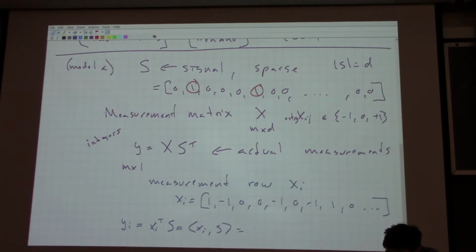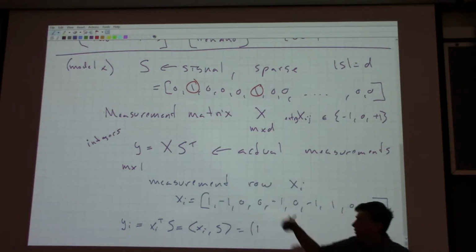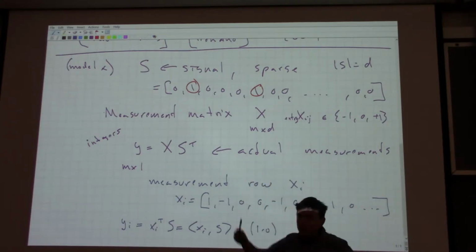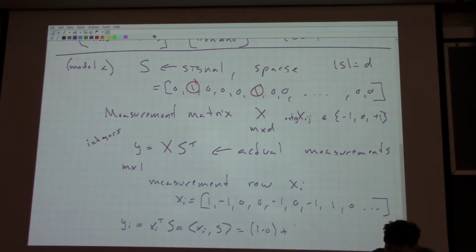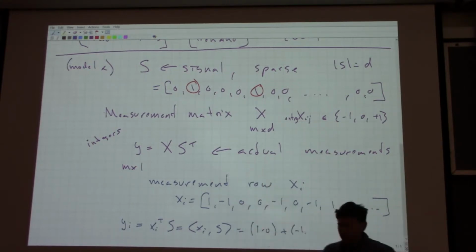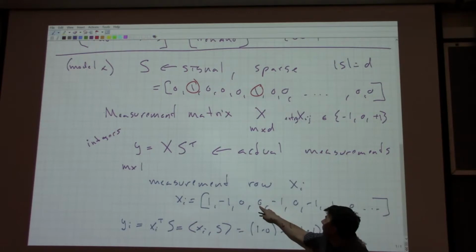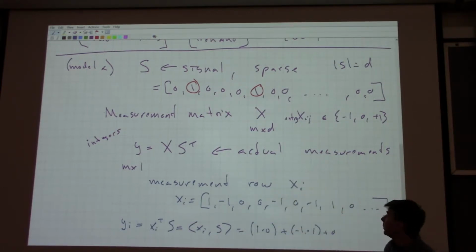Let's write xi first. So this 1 which comes from xi times the 0 which comes from s, plus minus 1 which comes from xi and the 1 which comes from s, plus 0. The next terms are 0 and 0, 0 and 0, minus 1 and 0. So I'm going to get 3 zeros.